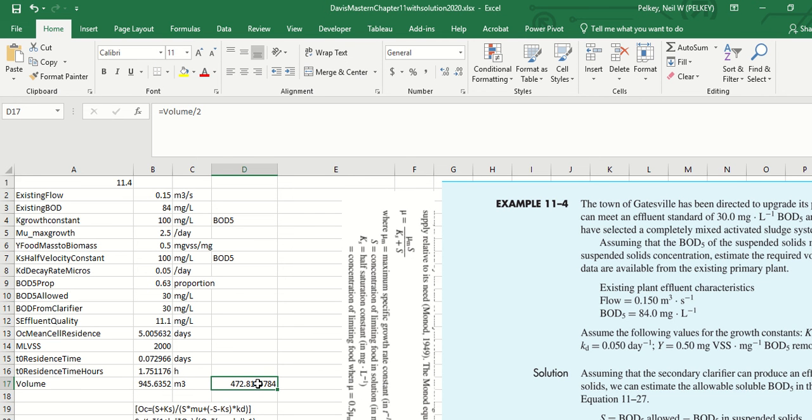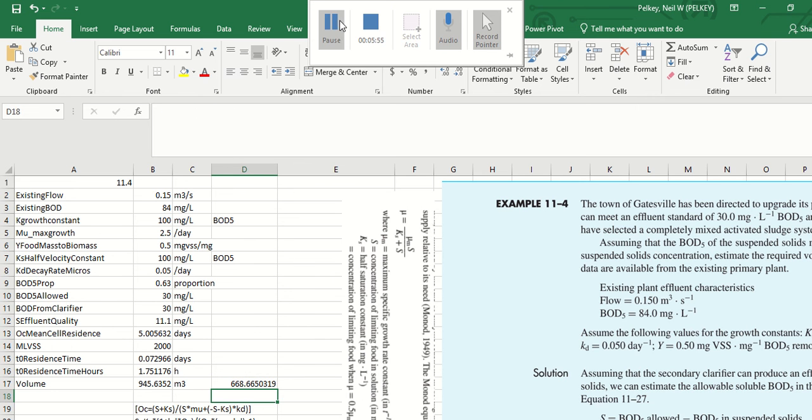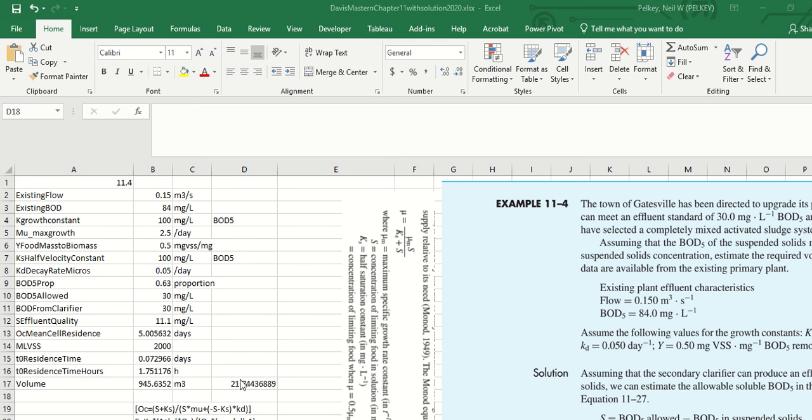So that's the square root of 472. So this thing is roughly 20 meters by 20 meters, or 40 meters by 10.